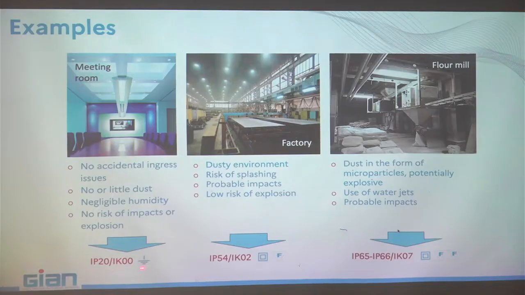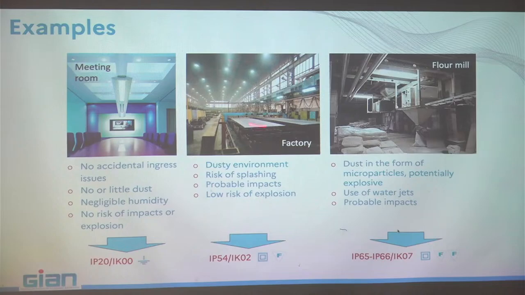Even so, you overprotect here. The problem is that when you have higher IPs or IKs and a different class, the price increases exponentially. Let's go to a factory. Here you have a dusty environment. You have a risk of splashing. Water can come out from the machines and go up. Probable impacts, something cut can be projected against the luminaire.